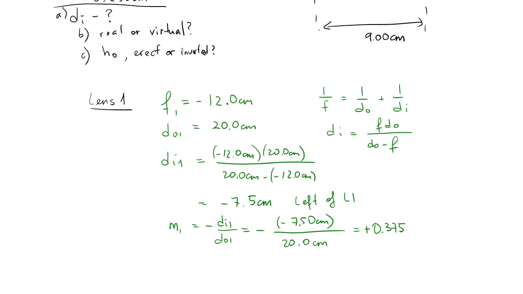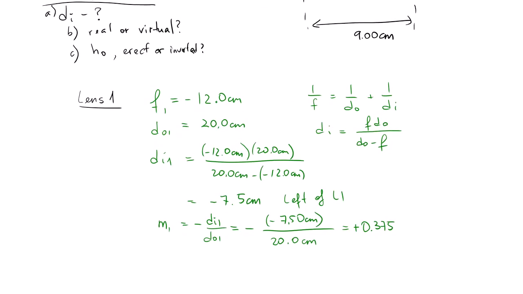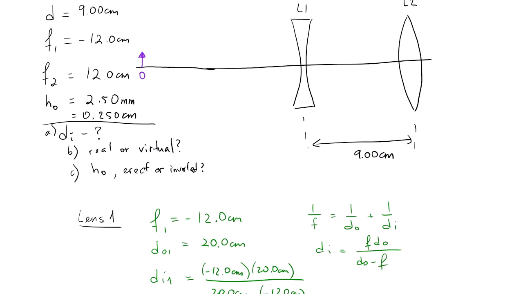So if I go back to my picture, the distance is negative 7.5, which means somewhere here with a reduced size is image 1, which becomes an object for my lens 2. I'm going to call it object 2.